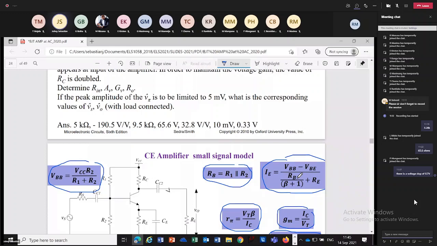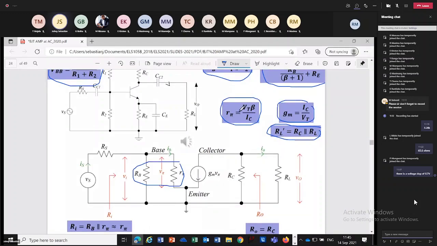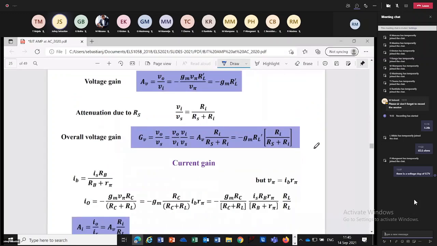R pi is VT times beta over IC, and GM is IC over VT. RL prime is the total loading at the collector. You can easily pick it up from the small signal diagram. Voltage gain is minus GM RL prime, and overall voltage gain is AV times RI over RS plus RI.